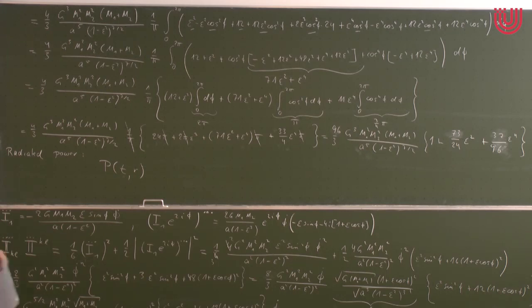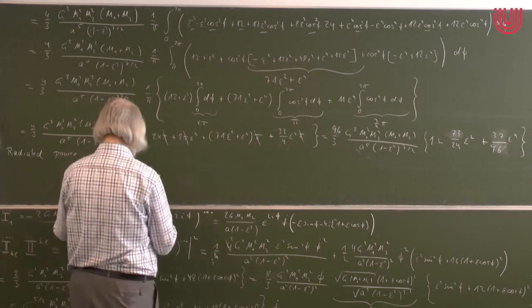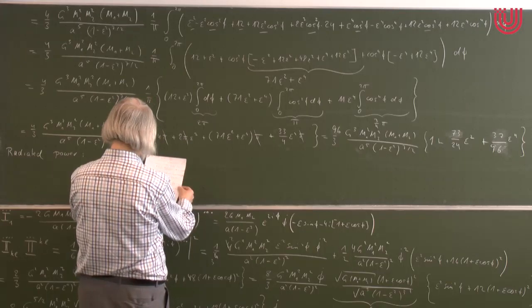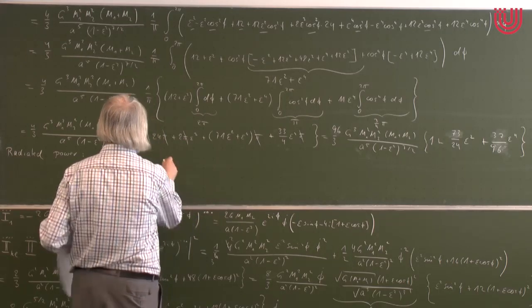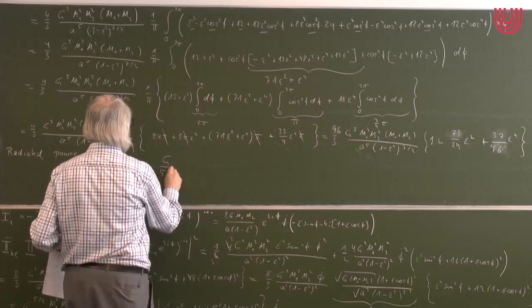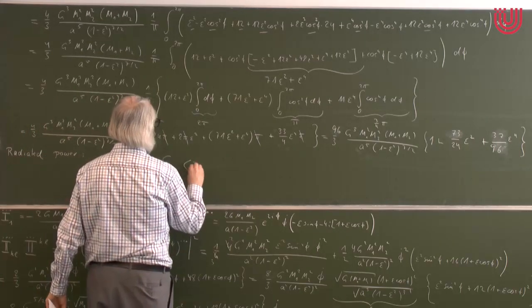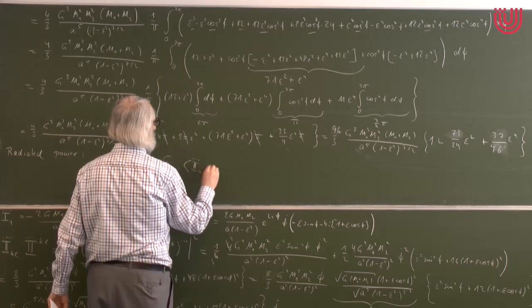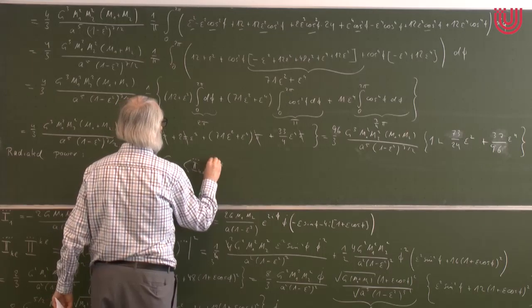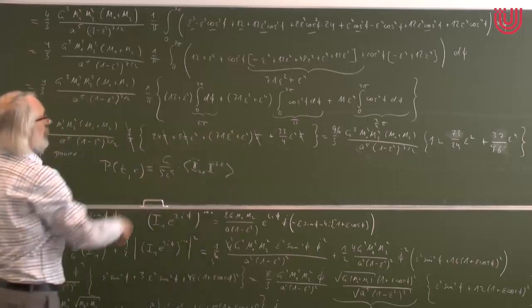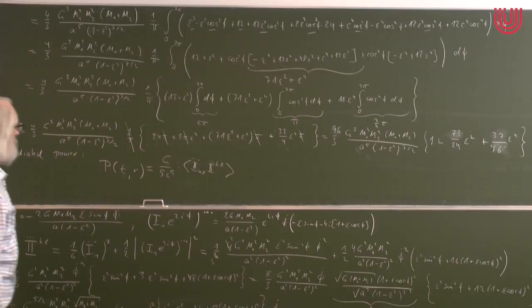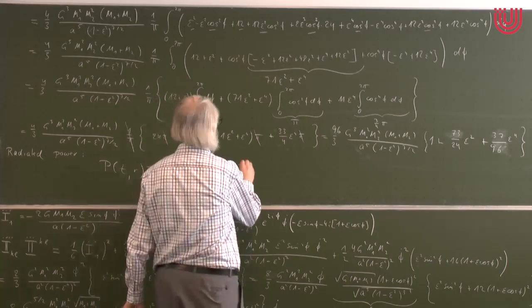That's what this formula does for us. This was g over 5 c to the 5 times this average. So I have to multiply this term with g divided by 5 c to the 5.